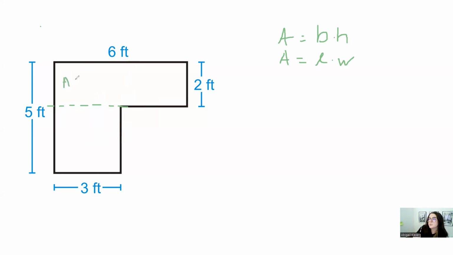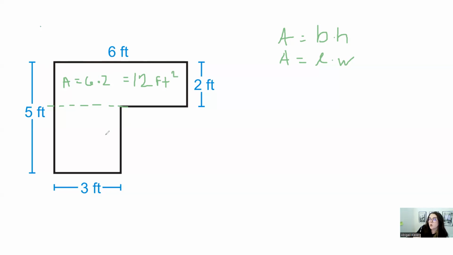So the area for this top rectangle, I have a width of 6 feet here, as can be seen by the top, and then the height of this rectangle is 2 feet. So I know that the area can be calculated by multiplying 6 times 2, which is 12. So the area of this top rectangle is 12 feet squared.